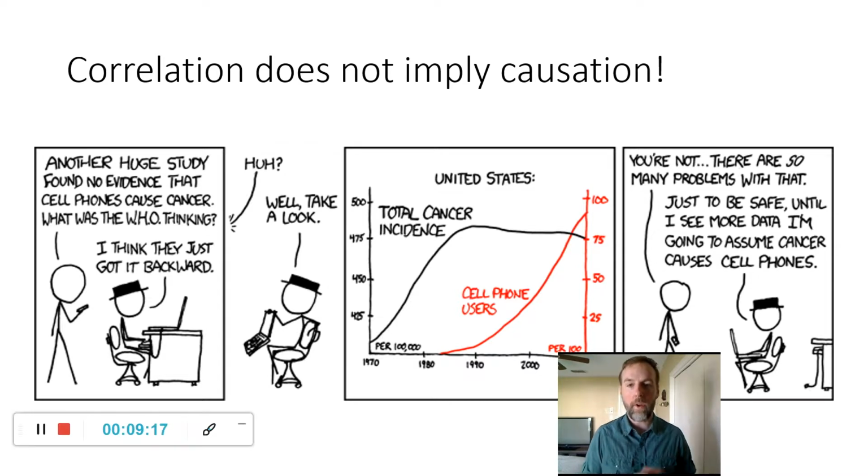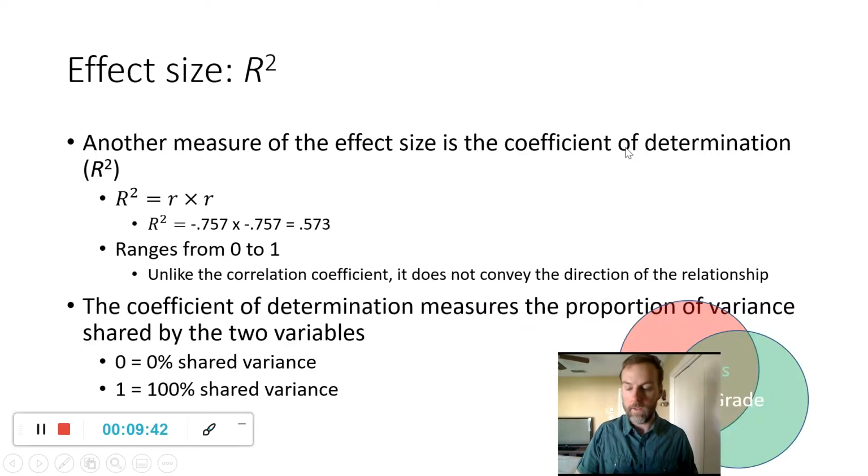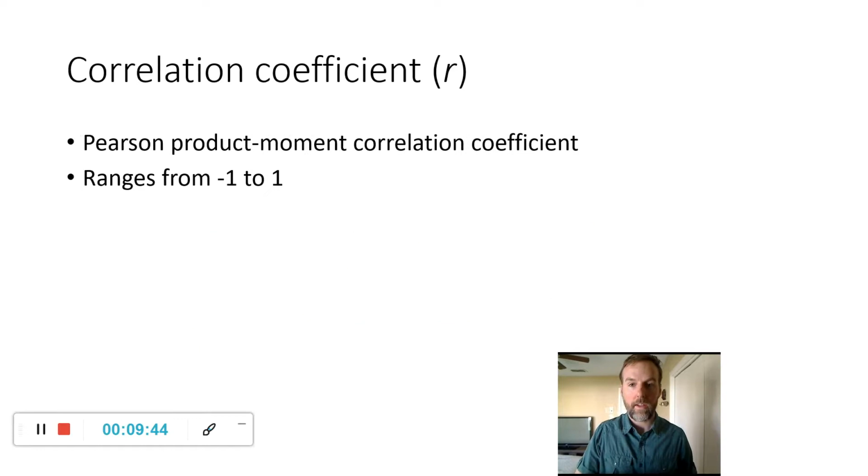To know if variable A causes B, or B causes A, that would take an experimental study where we manipulate those variables. So we have to be careful when we look at correlations and never imply or conclude a causal relationship.